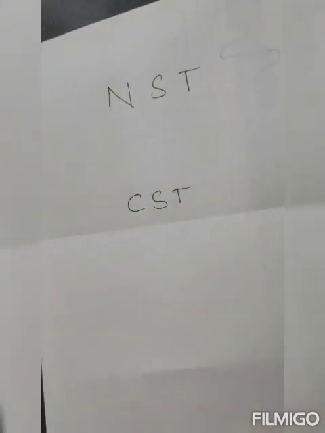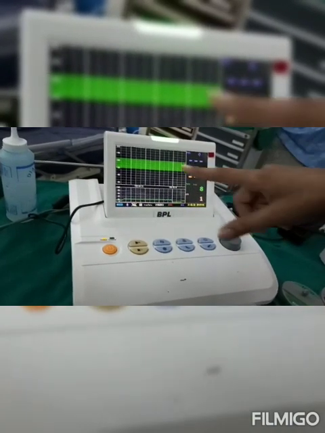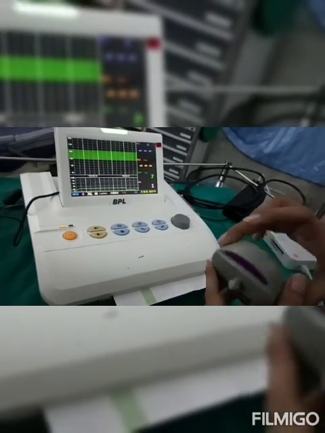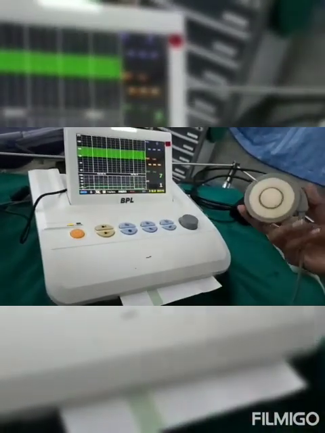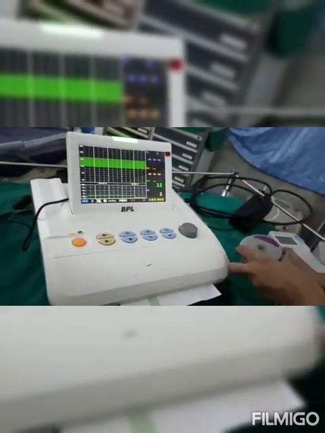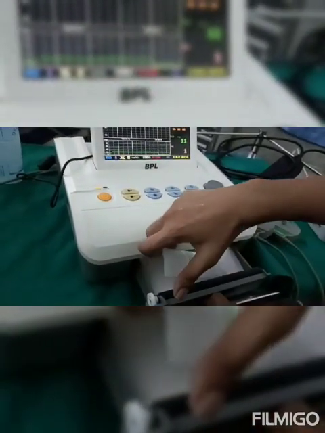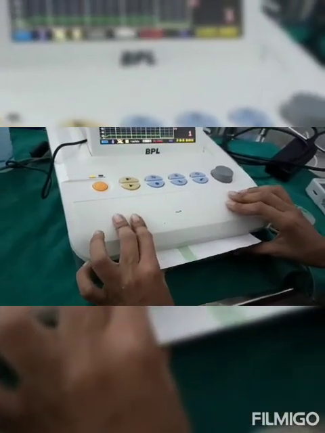Then coming to the CTG machine. The CTG machine consists of a monitor, Doppler probe for FHS localization, Toco probe for uterine contractions, and paper roller for CTG tracing.